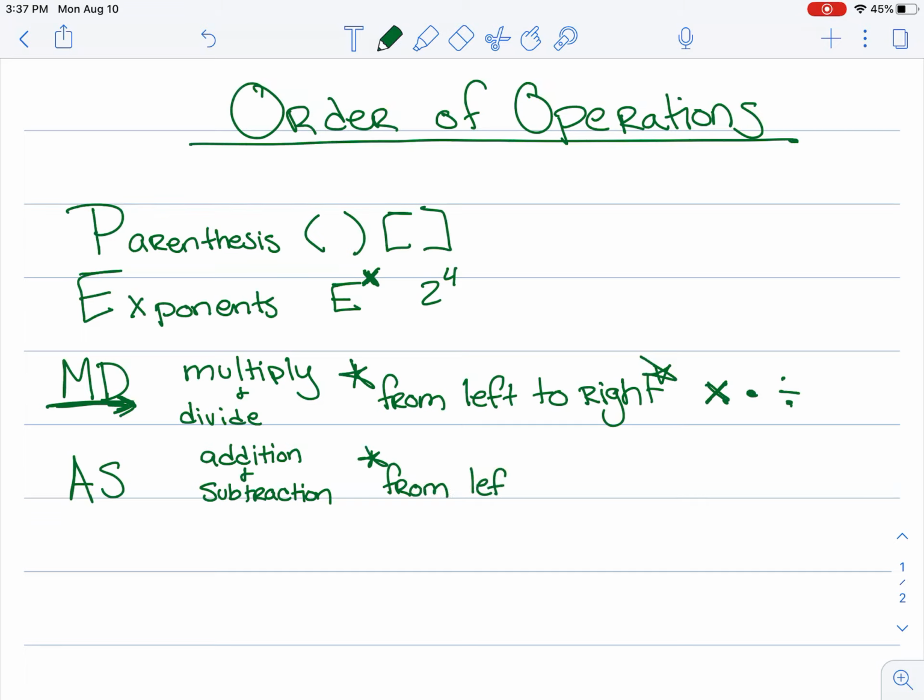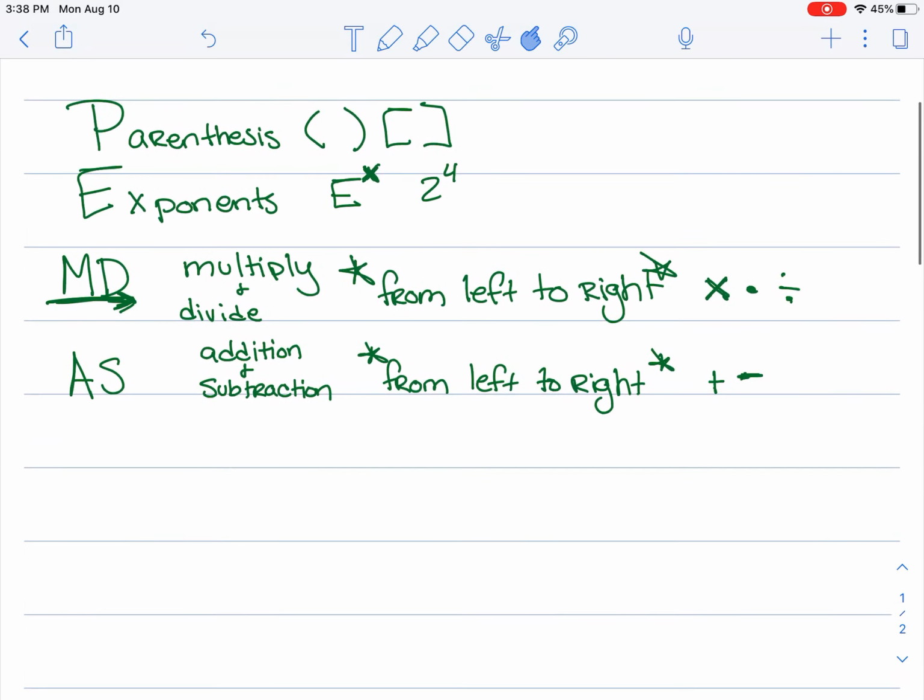From left to right. Okay, so this is our rule as we move forward. In the rest of math, you can never ever forget this. We're going to use it for the rest of math for forever.